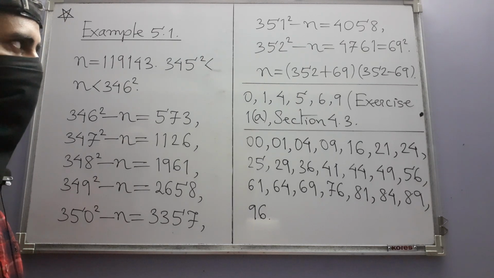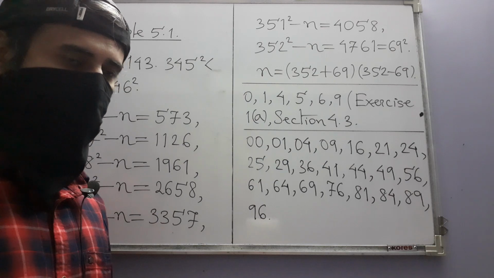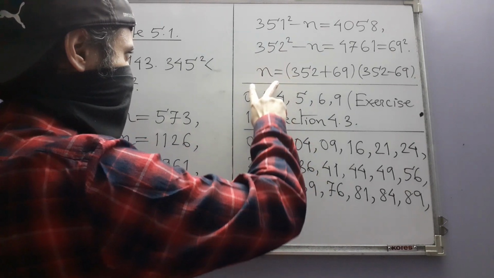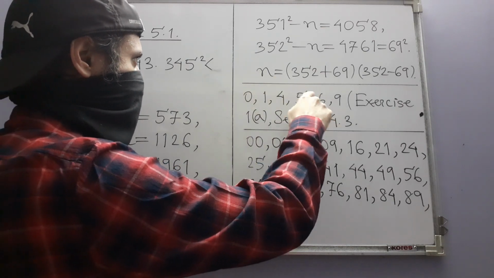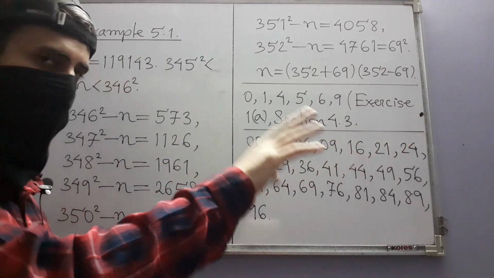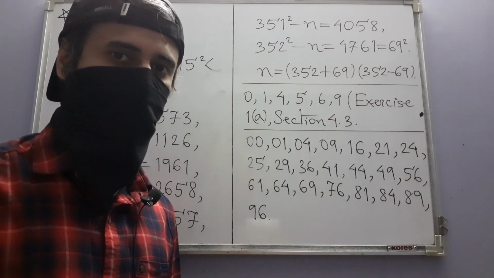However, if we do not encounter any square and eventually reach the stage where, say, in place of this number you have n plus 1 over 2 whole square minus n, then on that other side you do have a square which is the square of n minus 1 over 2.